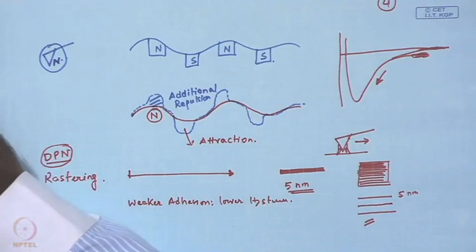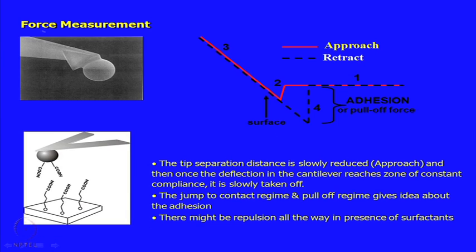One can do these types of experiments with a standard tip, but it is generally customary to use colloidal probes here. We talked about the colloidal probes. Colloidal probes find maximum application in measuring the forces between two surfaces. For example, if both the probe and the surface are coated with surfactant molecules of the same species, there can be a long range repulsion. You do not see an attraction at all, and all the way you see a repulsive interaction.